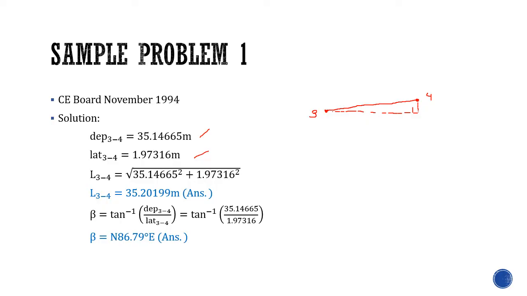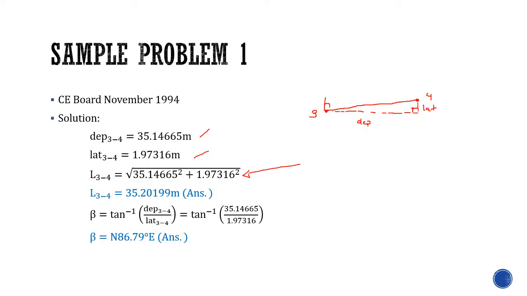This is perpendicular, so you can use your Pythagorean theorem. X component is the departure, y component is the latitude. Using the Pythagorean theorem, you will get the length of 3, 4 which is equal to 35.20199 meters.